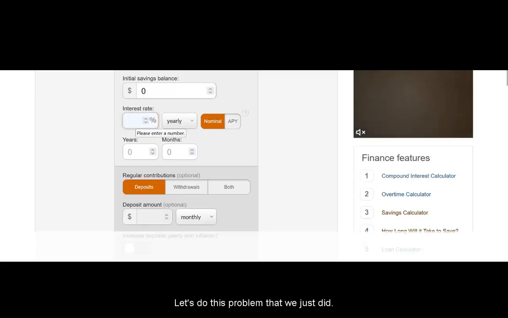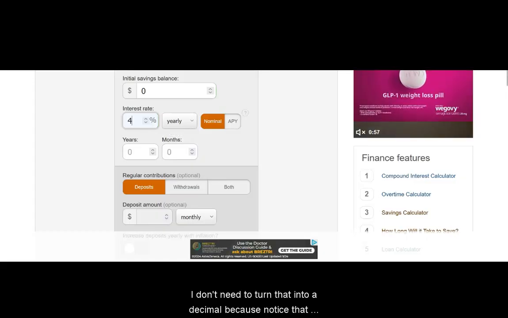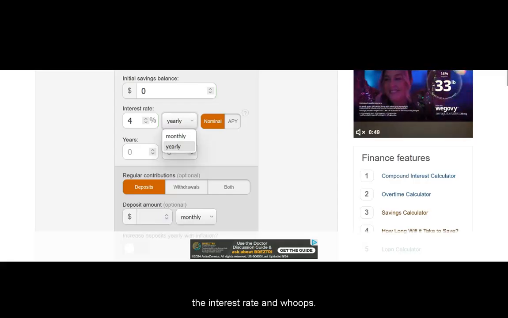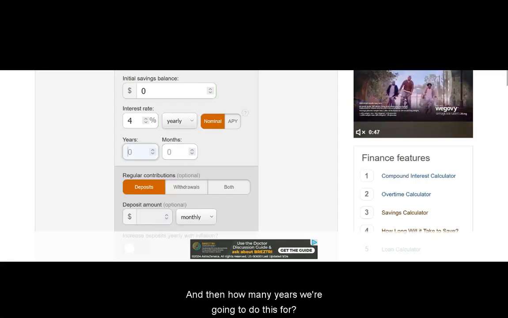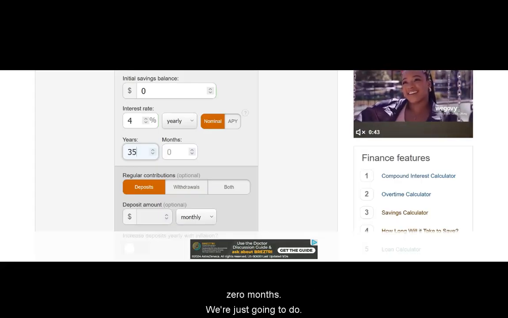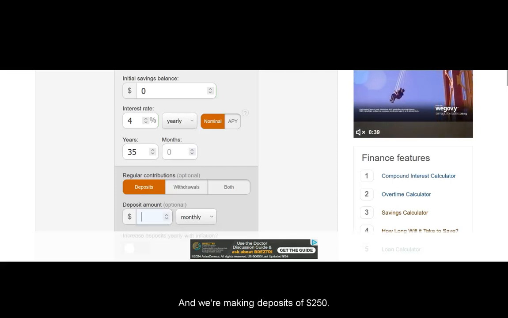Let's do this problem that we just did. We had a 4% interest rate. I don't need to turn that into a decimal because notice that it's already given it to me in that way, the interest rate. And then how many years we're going to do this for? This is going to be for 35 years, 0 months, and we're making deposits of $250.